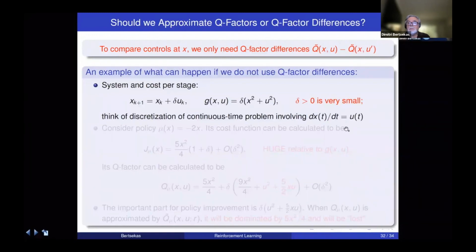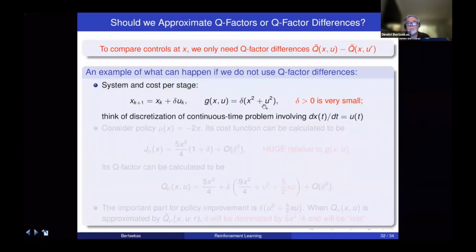Now, if you discretize a problem that's continuous time and delta is the discretization parameter, then the cost per stage is proportional to delta, okay? Between time t and time t plus delta, the cost that you pay is very small, and it's proportional to delta.